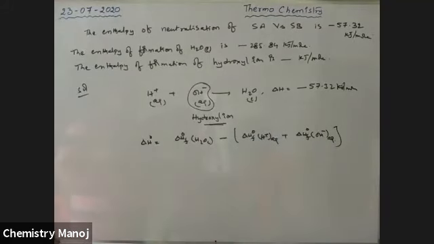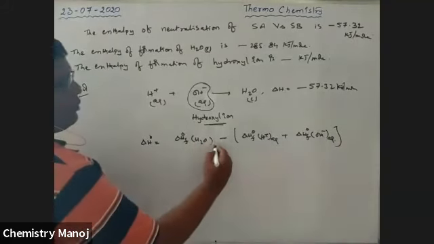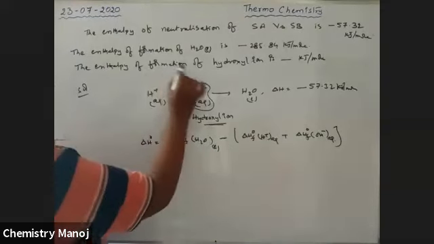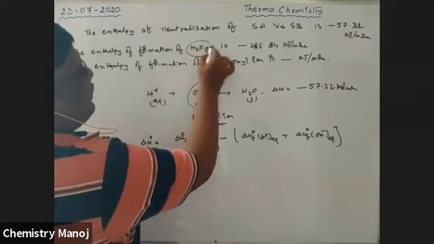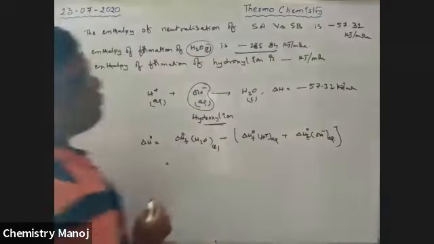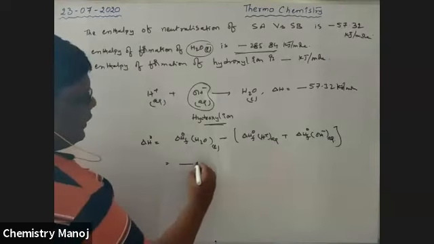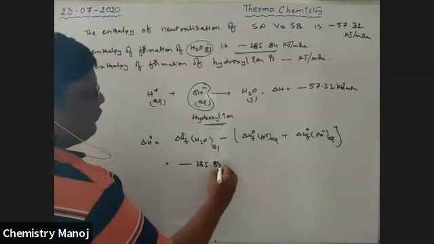Because it is product value minus reactants value, I am calculating delta H naught at standard condition. The enthalpy of formation of H2O liquid is minus 285.84.